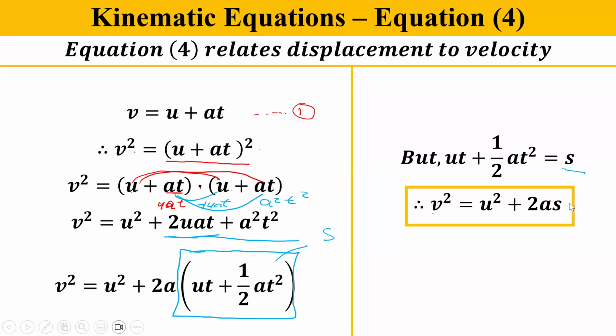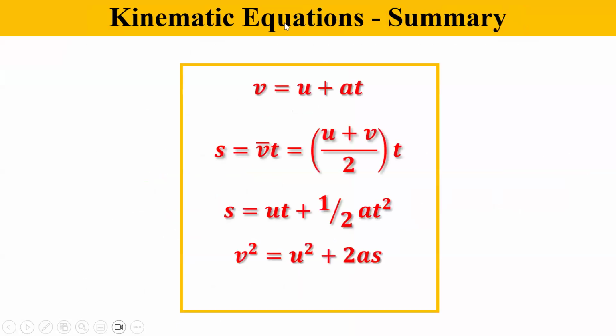So if you don't have time, but you have the initial velocity and the acceleration, then depending on the quantity that you need, you can use this formula, which is quite straightforward. So there we have equation 1, we have this one for average displacement when you just have the velocity and the time, and then we have equation 3, and then we have equation 4.